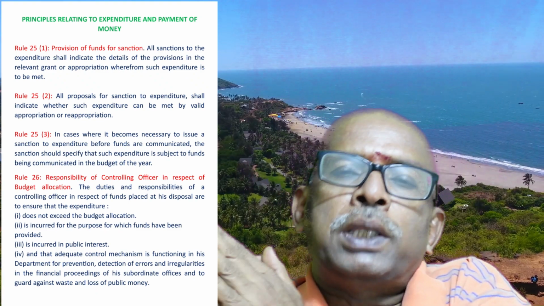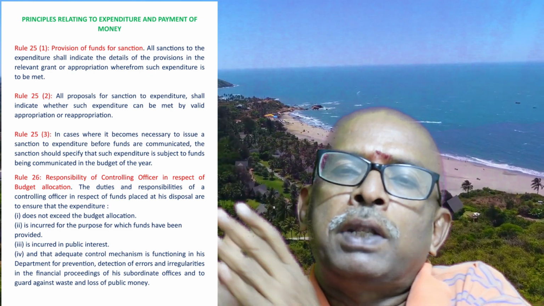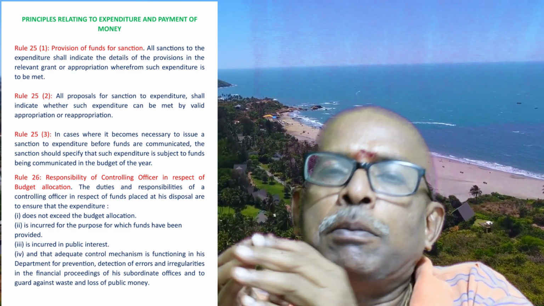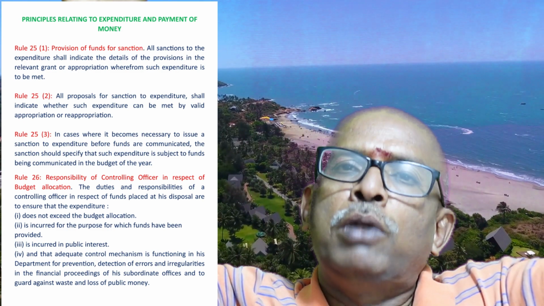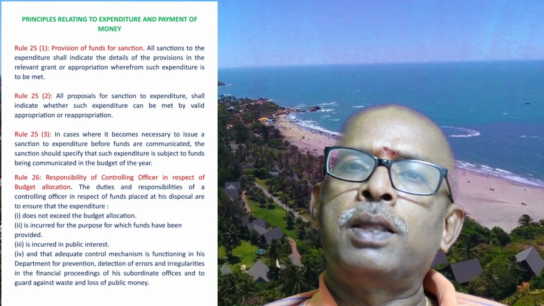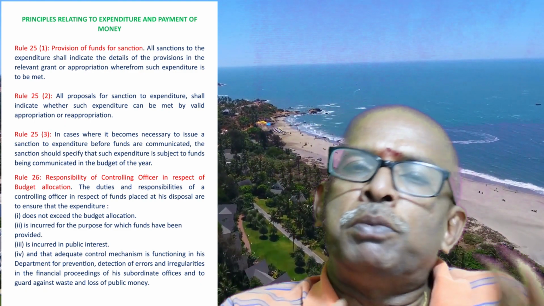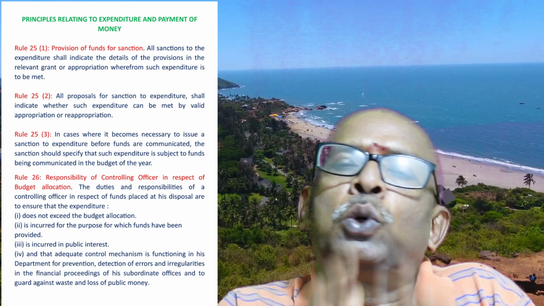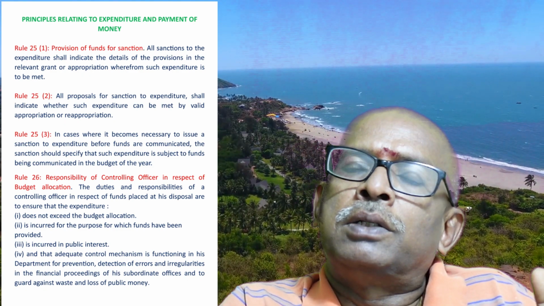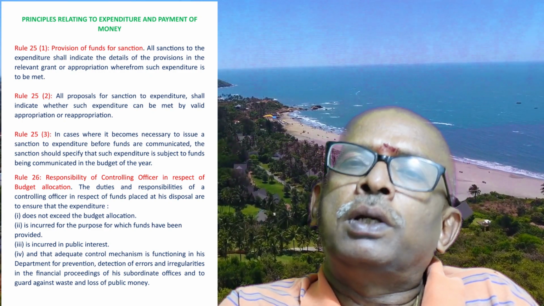When you do anything to fulfill the objective of a particular department, it may not directly go to the public immediately, but if you see the overall goal, it is in public interest. Normally, the department functions for some objective, and those objectives are for public interest. So when you do things towards achieving that objective, it is public interest.